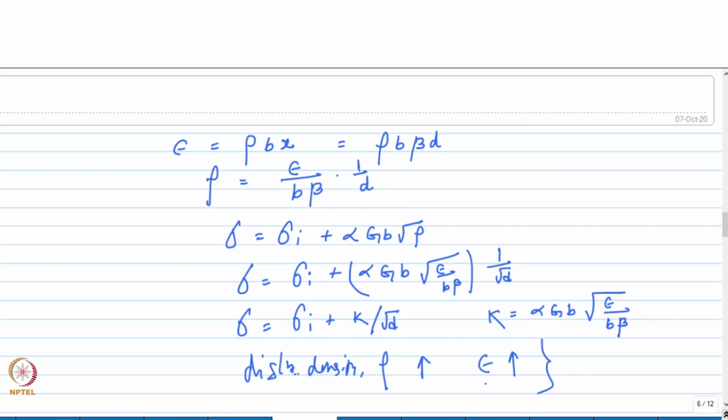As you deform the material and provide more and more strain, the dislocation density would increase, and as a result of that the strength will also increase. Okay, so that fact can also be seen from this theory, which again goes by the dislocation density with regard to the strength of a material and the grain size.